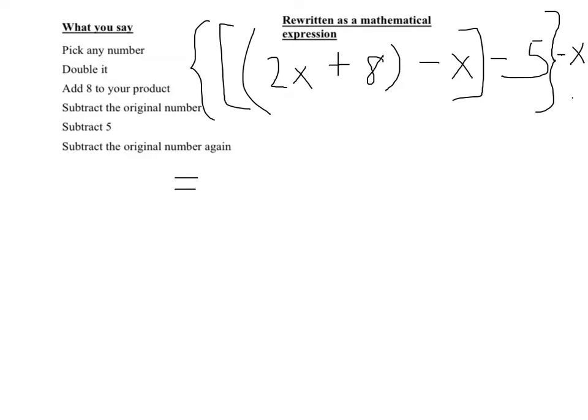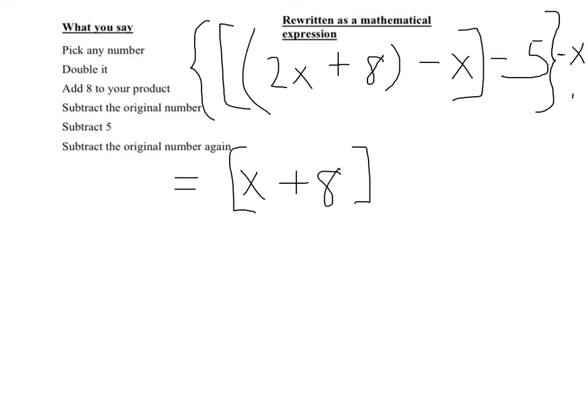So working from the inside out, we've got a lot of parentheses, but since we can't simplify these parentheses first, we're going to move on to the next step, because subtraction is the same as adding the opposite. So 2x minus x is going to give me what? x plus 8.